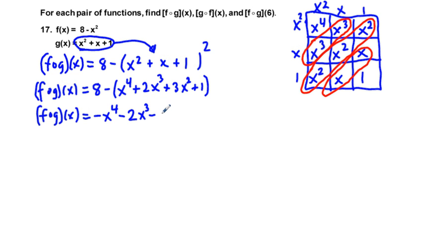We're going to have minus 3x squared. We're going to have something I forgot here, which was 2x plus 1. Okay, I fixed that. Minus 2x, and then we have 8 minus 1, which is plus 7.